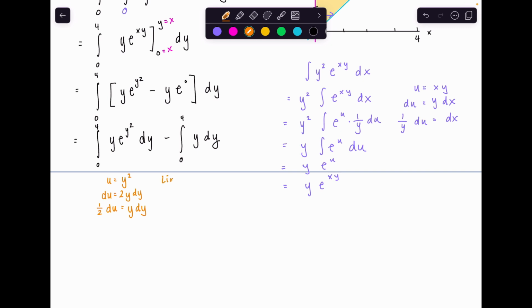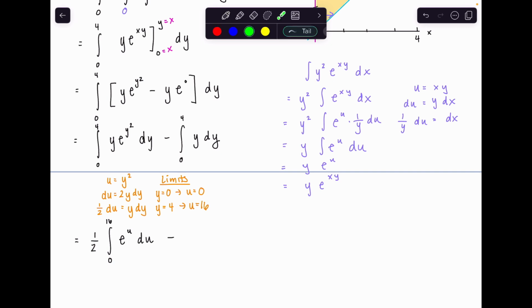And then I also want to change the limits. So when y is equal to 0, u is 0 squared. When y is equal to 4, u is equal to 4 squared. So this front one will become 1/2 the integral from 0 to 16 of e to the u du.